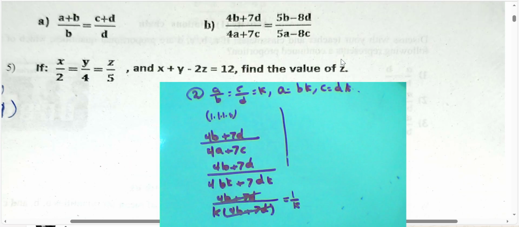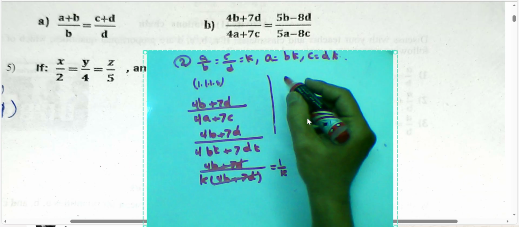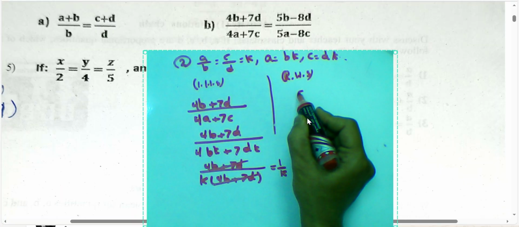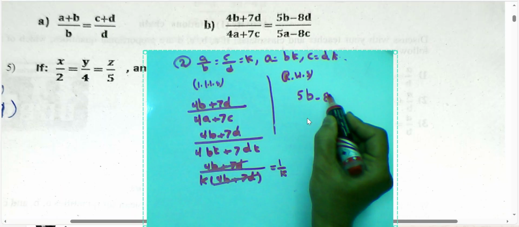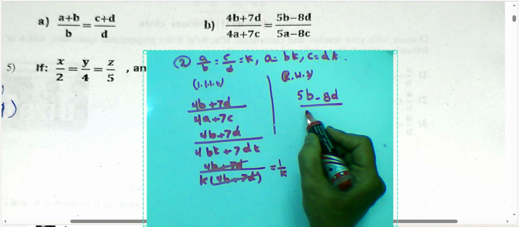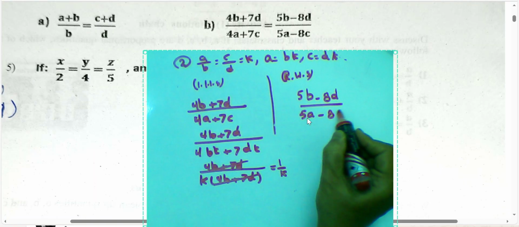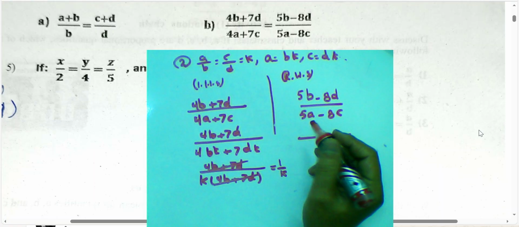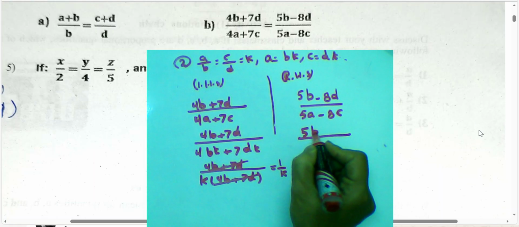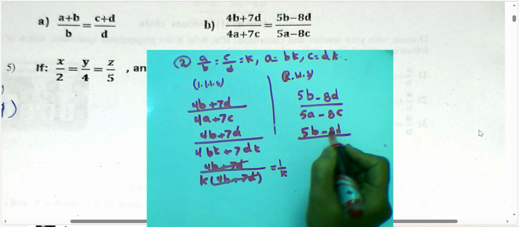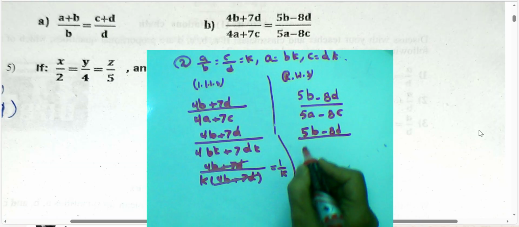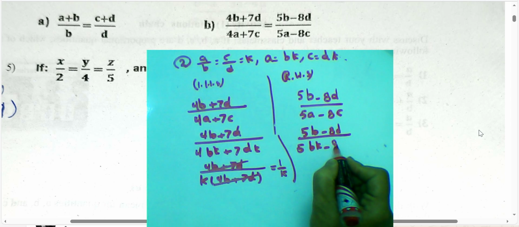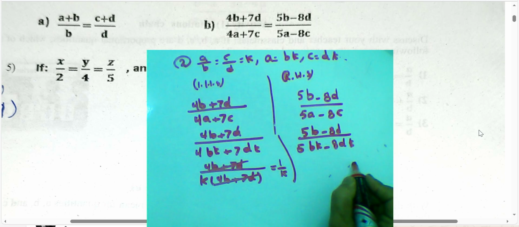Next question, for right hand side now. Right hand side we have 5B minus 8D over 5A minus 8C. 5B, the value of B is constant, and D also constant, over 5 times A was BK, 8 product by C was DK.